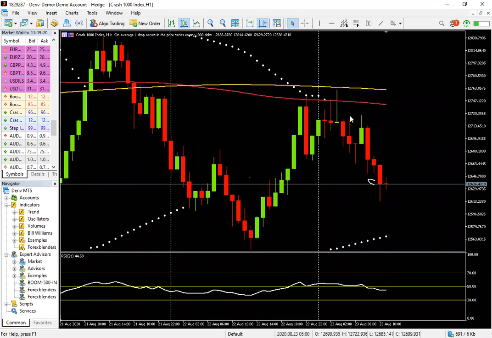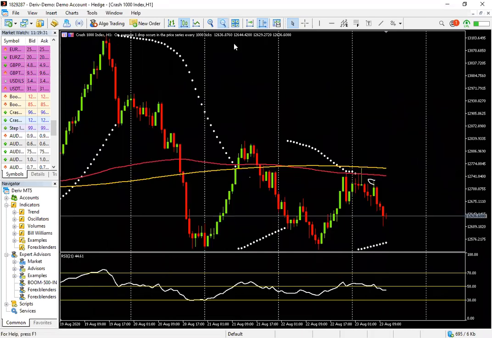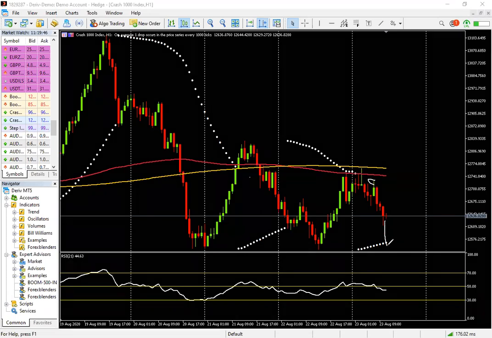So there's a new opportunity for a sell. For right now, if you ask me what direction Crash 1000 is going, I don't know. There's nothing that I can really say about Crash 1000. The only thing I can do is wait. I can wait for it to come back to this level of support so that I can see some opportunity for a buy.